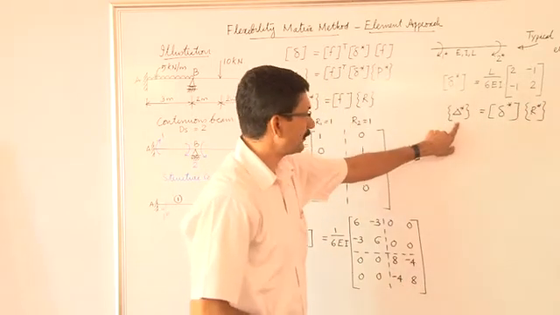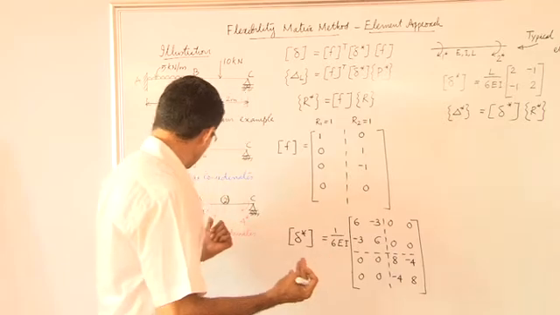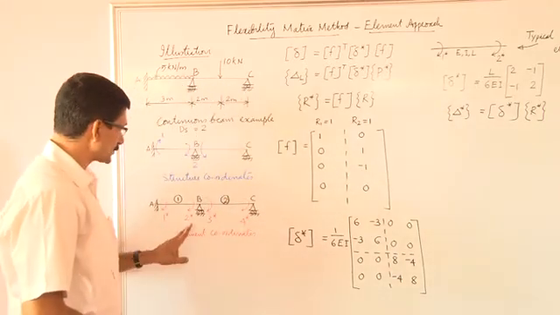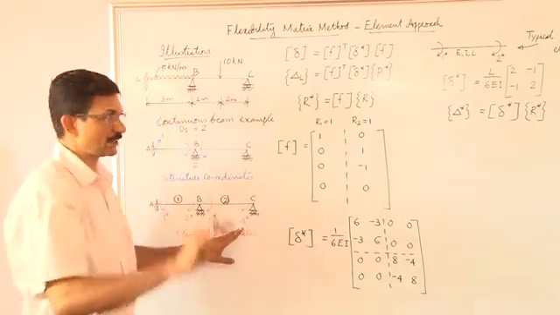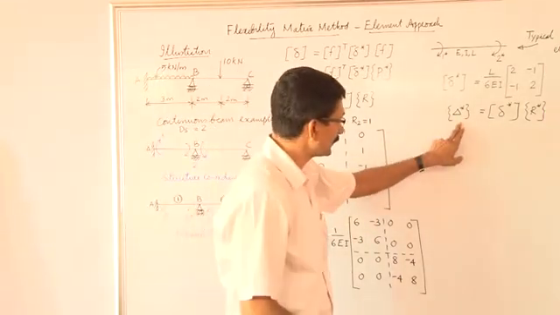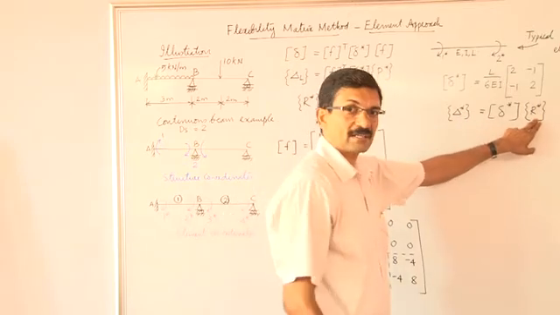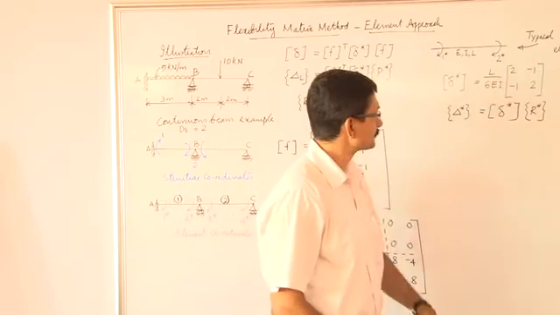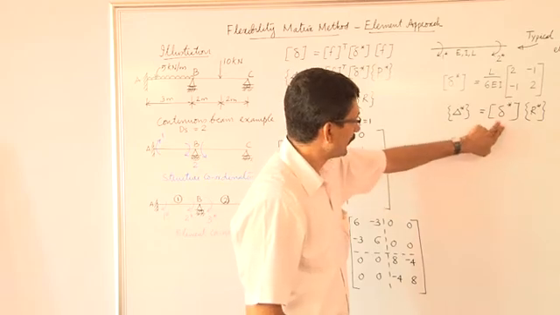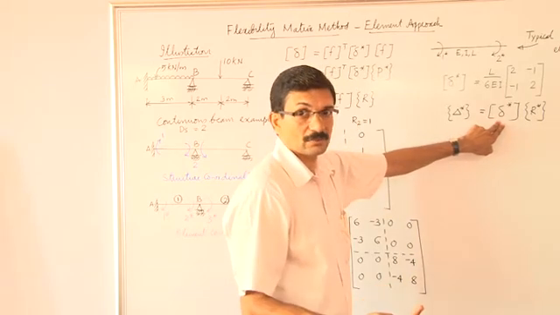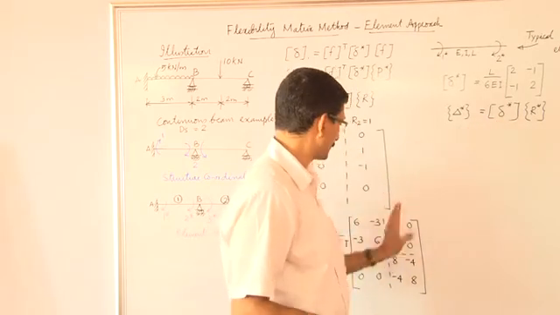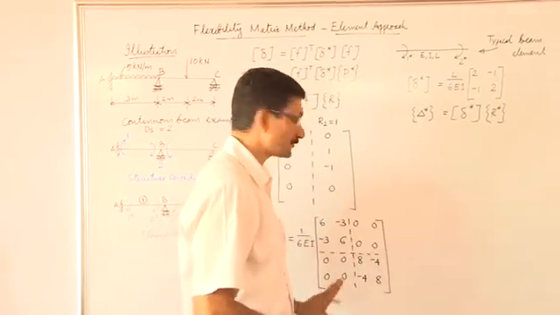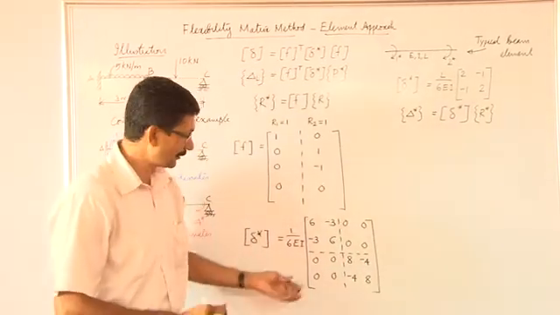So delta star will contain 4 terms, corresponding to 1 star, 2 star, 3 star and 4 star. R star also will contain 4 terms, R1, R2, R3, R4 with stars. So this matrix will be 4 by 4 in size. That is the matrix which is given over here.